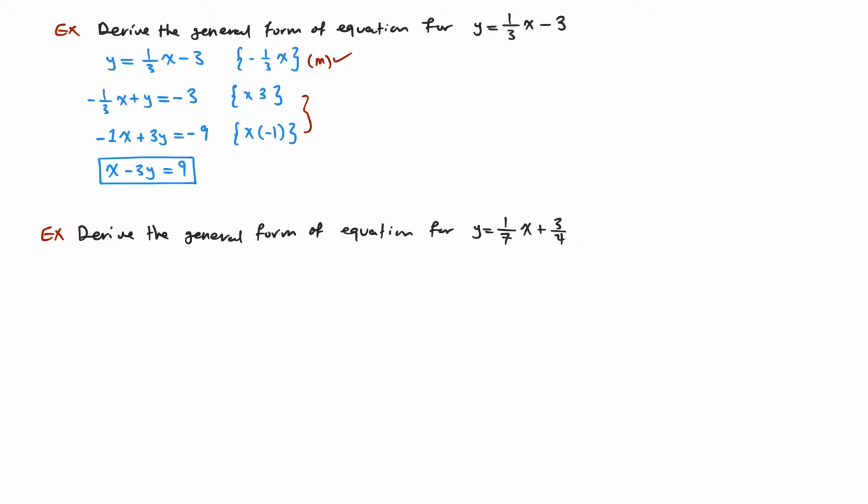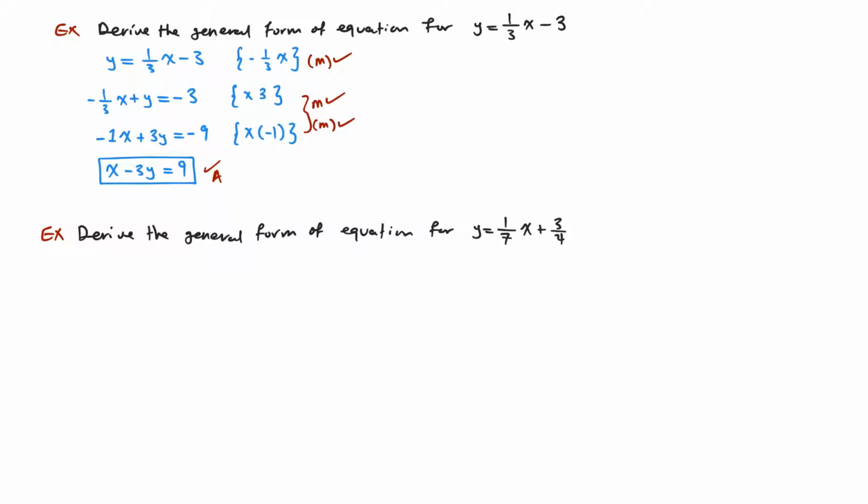There is definitely a method mark here, something that I actually want to see at least one of these 2 steps, and I am going to leave one of them as an implied method mark and one of them as a method mark, and finally this one as an accuracy mark. So you can combine these 2 into one, so you can just say I am going to multiply by negative 3 right away, and then you will just get to this answer, and you don't actually have to go through all of these steps.